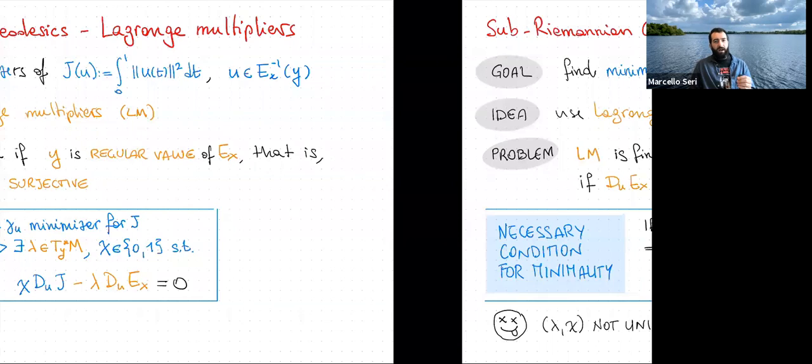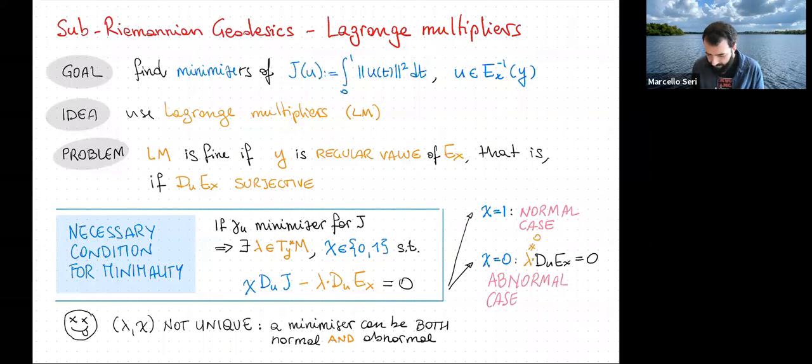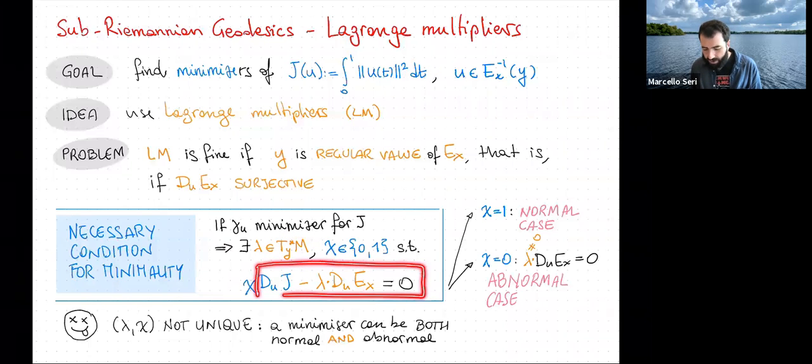The two conditions are, if the differential of Ex is surjective, then there is a covector lambda in the cotangent space such that the differential of J is equal to lambda times the differential of Ex.